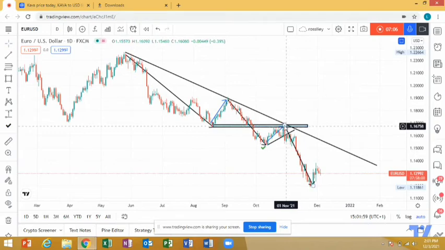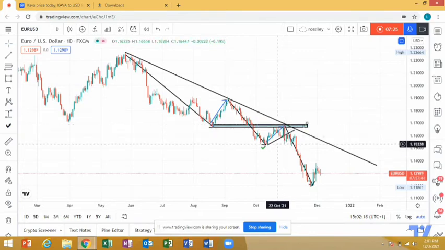Then the trend line: this is a third touch on the trend line. That's two. Then it breaks this correctional move, now going down. That's three.